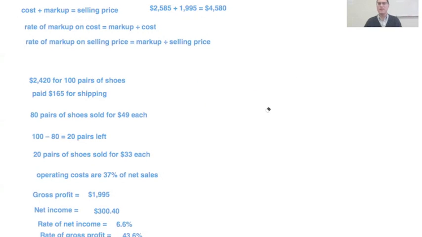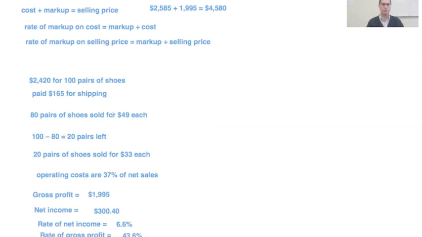Now, one more thing I want to look at here. What if we want to break this down per pair of shoes? So we sold 100 pairs of shoes. And the thing is, we sold them for 2 different prices. Notice that all these numbers here take into account the fact that we sold for 2 different prices.